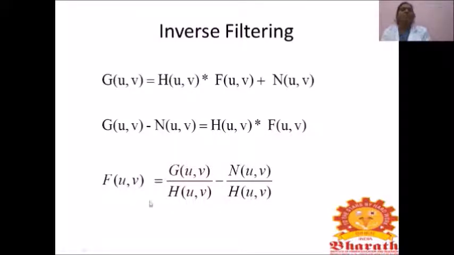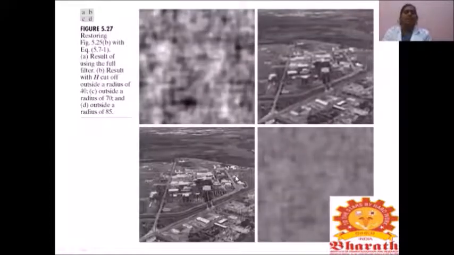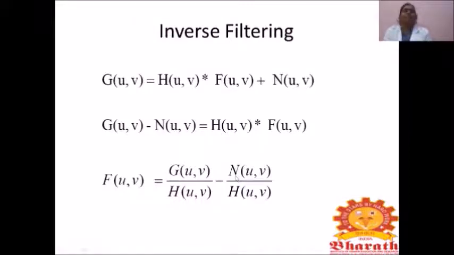This term makes a dramatic change between G of u comma v and F of u comma v, that is, between the degraded image and the original image. So the inverse filter is good only when noise is not in the images. Due to this part, the image appearance will be changed.